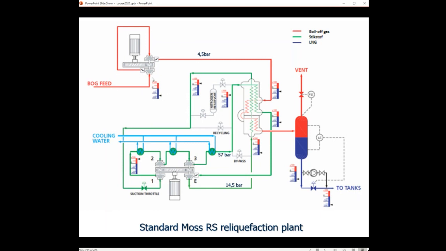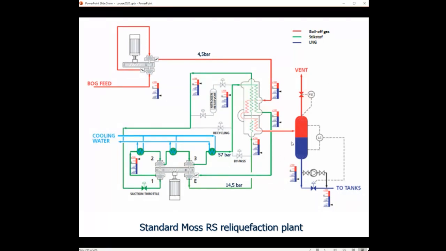That gas is then compressed to 4.5 bar by a double compression. The boil-off gas under compressed condition will then pass through a first condenser, a heat exchanger, and then go to a second condenser for additional cooling, where it condenses and then goes to this collection vessel.